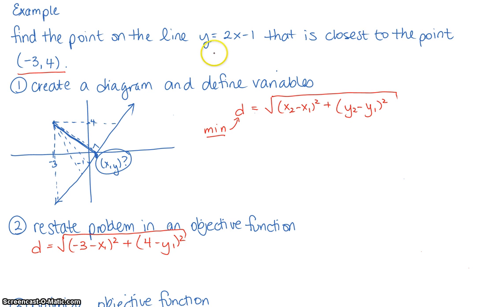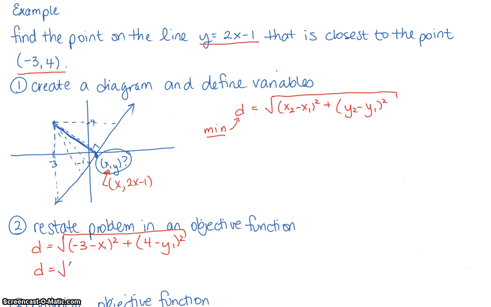The other thing we know is that the point lies on this line. Since y is equal to 2x minus 1, the point is some x value, comma, 2x minus 1. So I can plug that into my equation to replace x1 and y1.